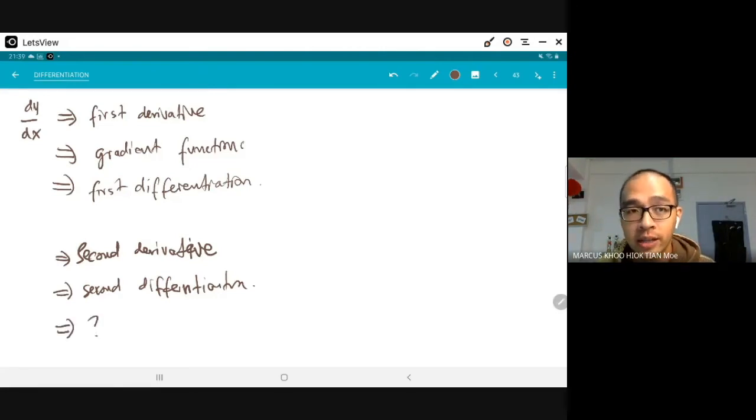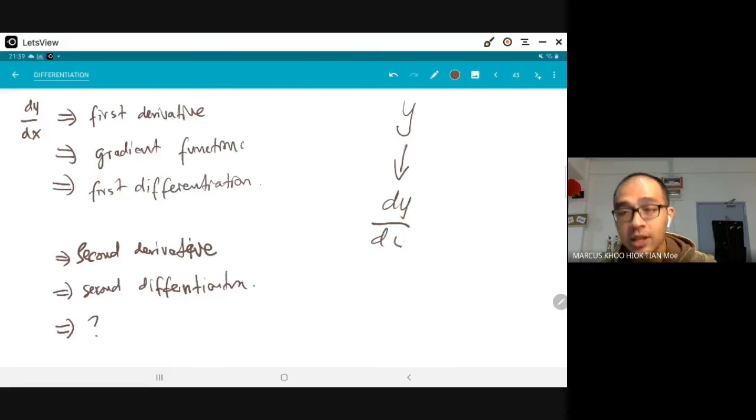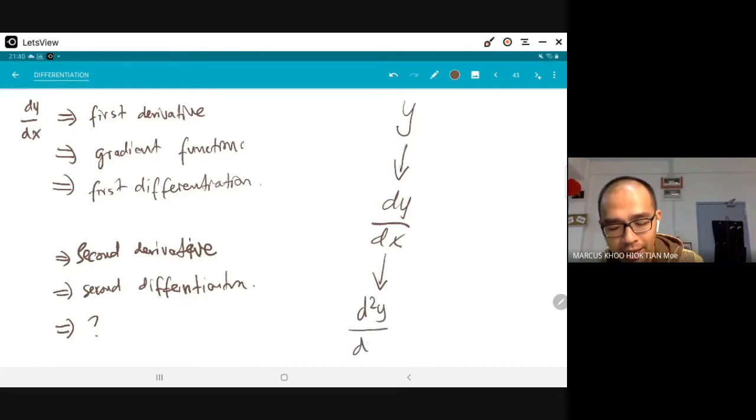So how do we write the second derivative? If your original function is y, then the first time you differentiate, you get dy dx. The second time you differentiate, it is known as d2y dx2. Don't ask me why the square is in different places.